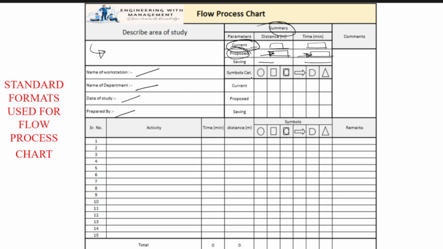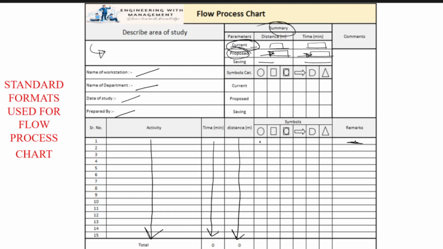Then the symbols category. The symbols are given here. So current, proposed, and saving. Now here one by one, each and every activity needs to be mentioned, and the time which is required for that activity, and the distance which is moved or carried need to be mentioned, and the type of activity needs to be mentioned over here.